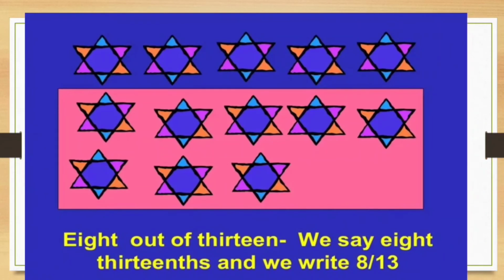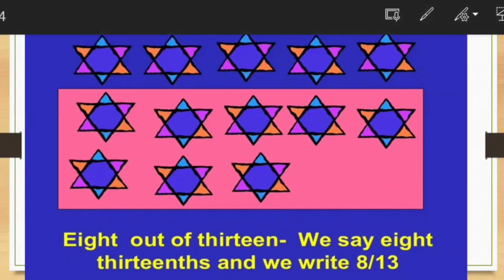So this is our next example where we can see stars. And can you see there are total how many stars? Let's count up. 1, 2, 3, 4, 5, 6, 7, 8, 9, 10, 11, 12, 13. So 13 is my total number. But what is the difference here?